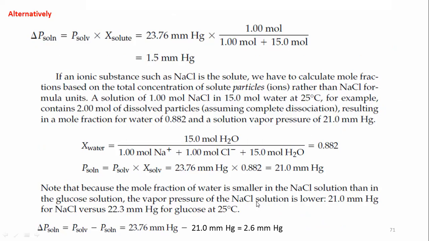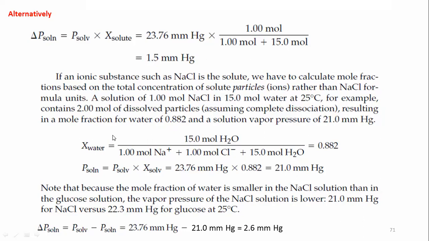That means sodium chloride is ionic, and it is going to form strong intermolecular forces, or ion-dipole forces, with the water. So the water has more difficulty escaping from the solution. So its vapor pressure is lower due to the stronger intermolecular forces, and it has more lowering of vapor pressure as compared to the glucose.